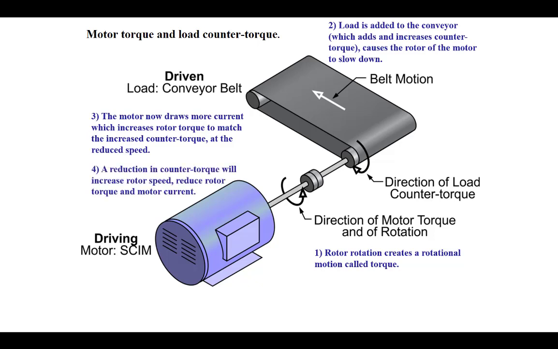If we were to take load off the motor, it will require less torque to turn the load, and as the counter torque is taken off, the motor will speed up. As you take load off of a motor, it will cause the motor to speed up, and reduce motor torque and current.